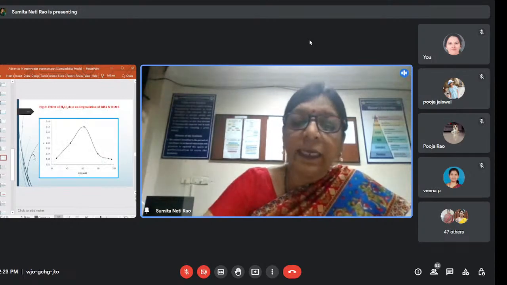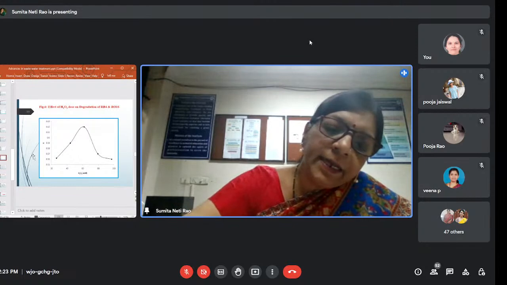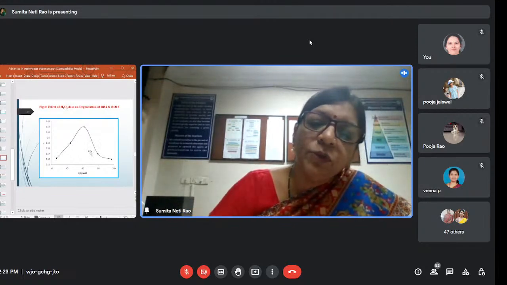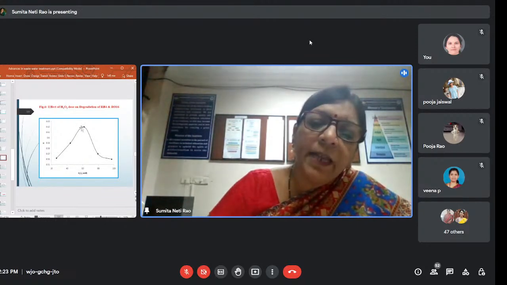And here you can see, initially when there is an increase in the concentration of H2O2, you can see there is reduction in the COD values.